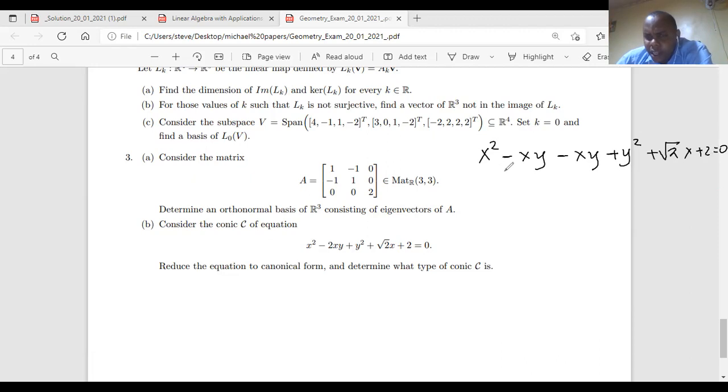So I could bring the x's together like x squared minus xy plus x root 2, and then I could have the y squared minus xy, and then I just have 2 in the end.